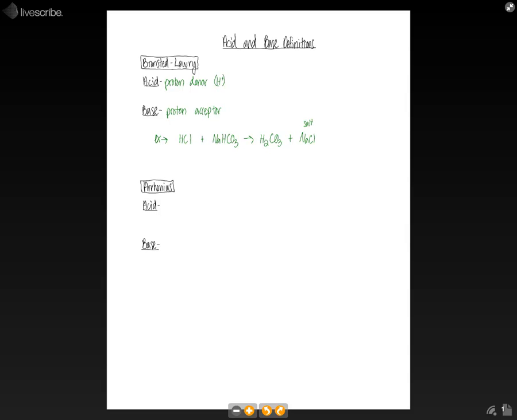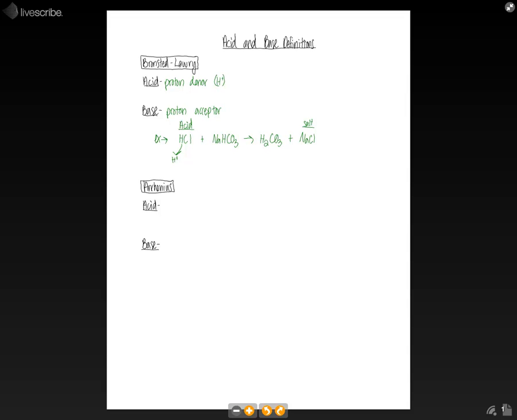So this is a salt. And so if we look at this, we can see that the HCl that we started with lost a proton. So it's a proton donor, so this would be an acid.